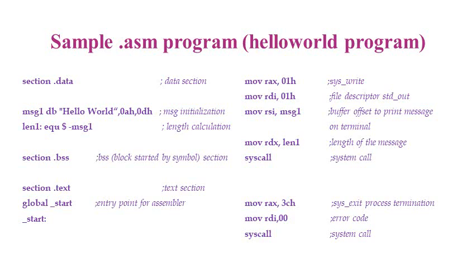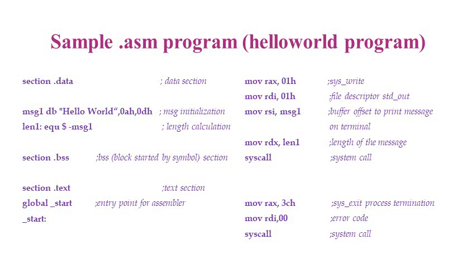Now here we have to write the actual code to display the hello world string on the terminal. To display that string, we have to use the system write system call. The value for the system write system call is 1, that we have to put in the RAX register. Then we have to use the standard output device value, that is again 1, and that we put in the RDI register.